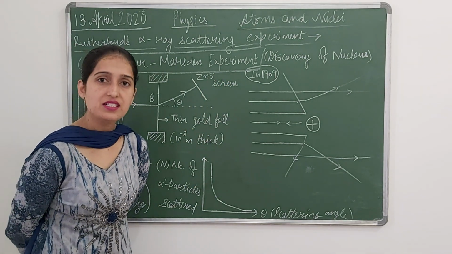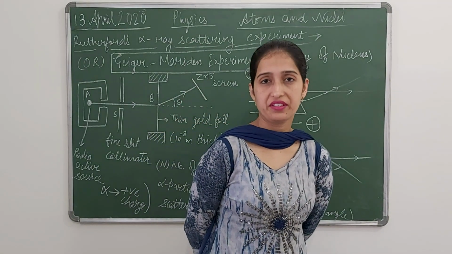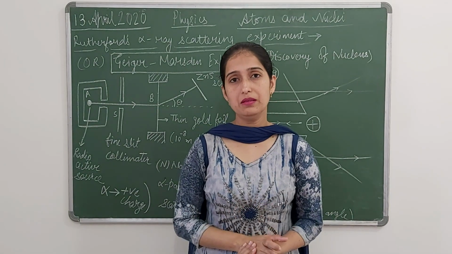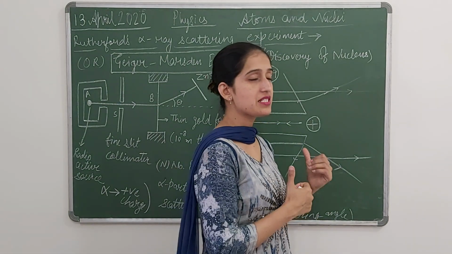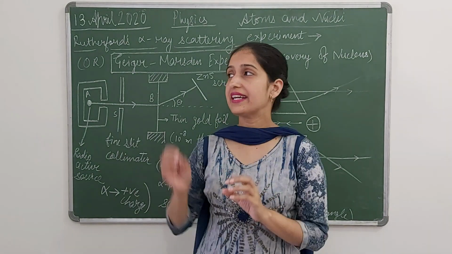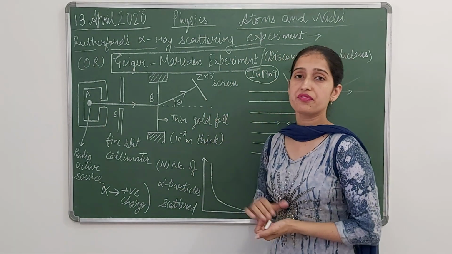Zinc sulfide screen is an example of photographic film. Now what is photographic film? Photographic film is used in these types of experiments. On these films we get spots. How do we form these films?